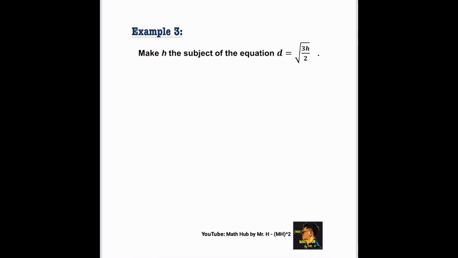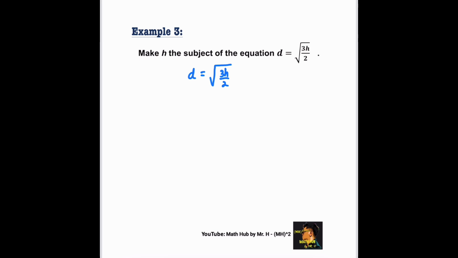So that means that h should be out of the radical. You notice that the right-hand side of the equation is a surd, and the opposite of that process is squaring, right? So let me copy the equation first.